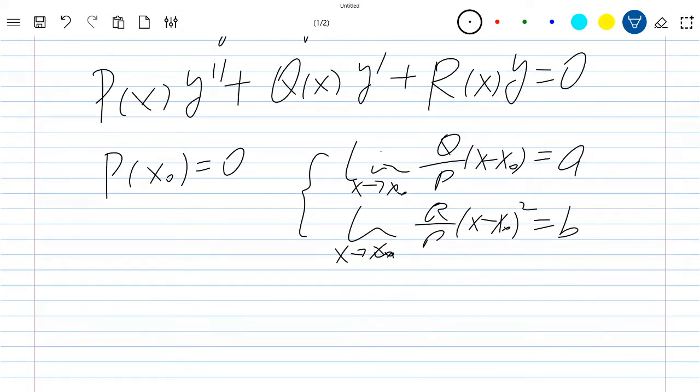Then we can say it's a regular singular point, and we can write down the limit equation.